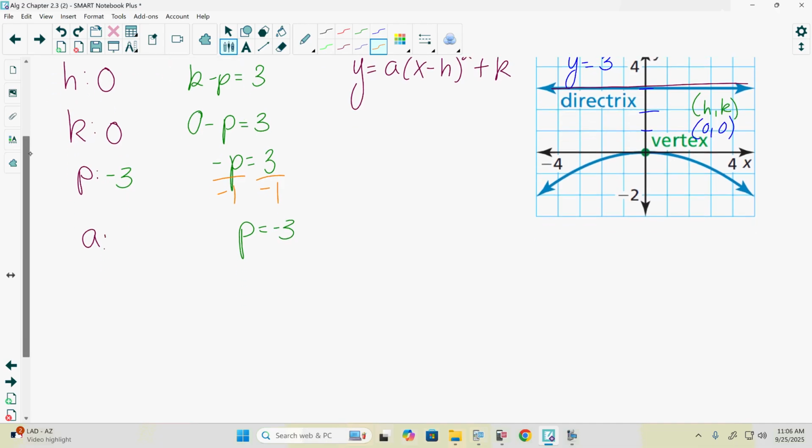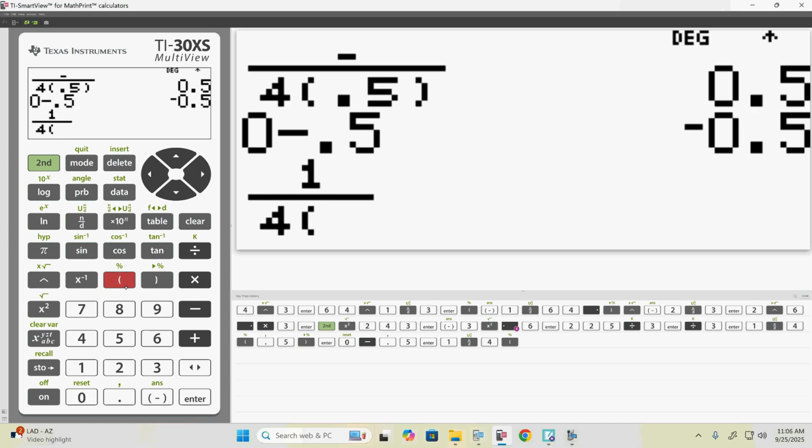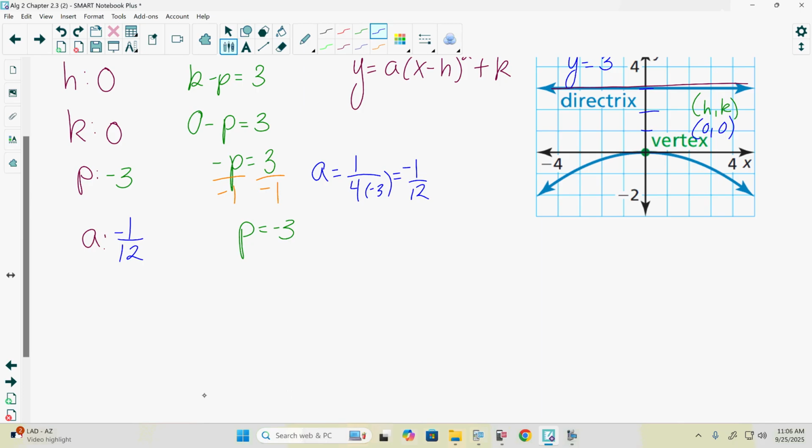Now we just need to find the value of a, and a is equal to 1 over 4p. At this point we can plug into the calculator 1 over 4 times negative 3. 1 over 4 times negative 3 is negative 1/12.